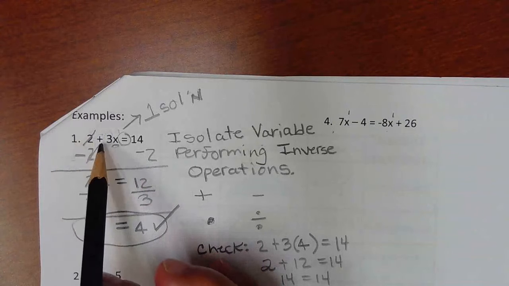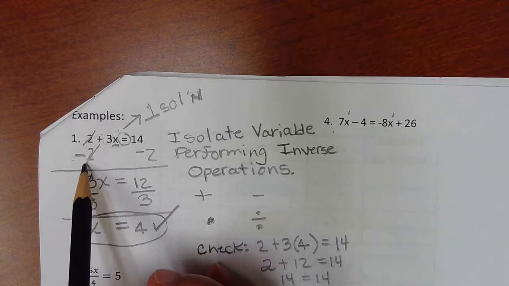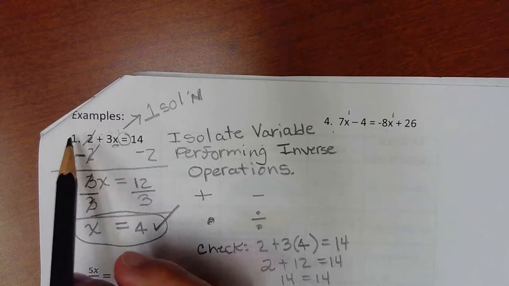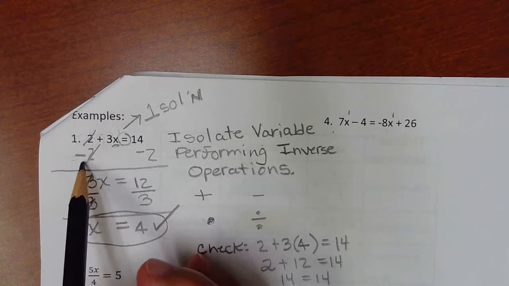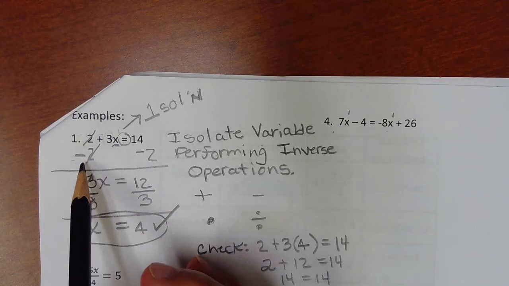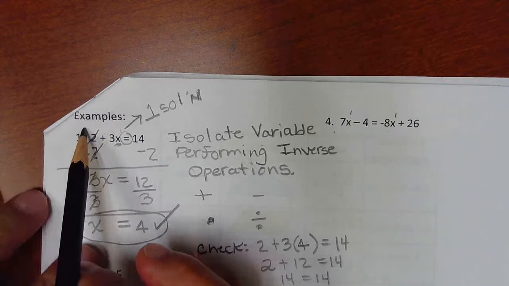It wasn't so much about that, because that could have been a minus, and I still would have done this. It's that this was a positive, and that's why I used a -2, or you could call it subtracting 2, but it was really all about the sign that was in front of this.